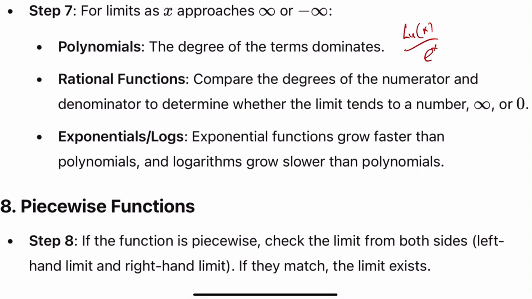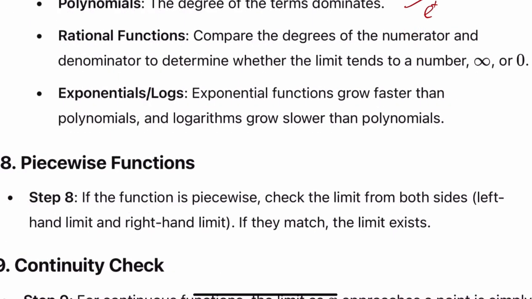While log x increases as x increases, the exponential function e to the x grows much faster, causing the function to shrink and go towards 0. Same thing, you will have something over infinity if x goes to infinity, which will give you 0.